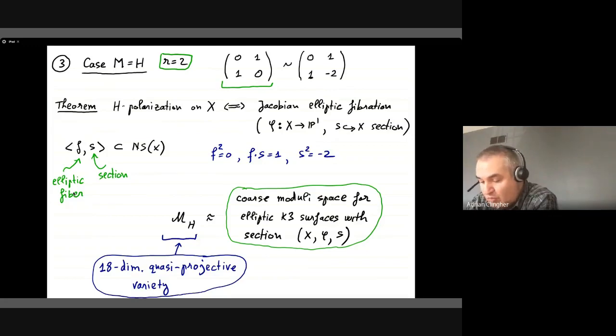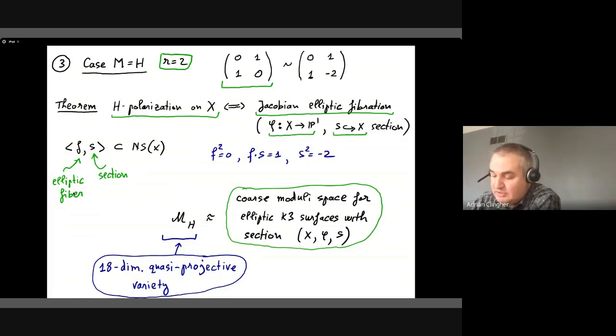The reason why I want to start with this is the following theorem that says that, if I have such a hyperbolic polarization on a K3 surface X, then that associates some geometry to the K3 surface, and the geometry associated is what we call a Jacobian elliptic fibration of X, which means I have an elliptic fibration together with a fixed choice of section.